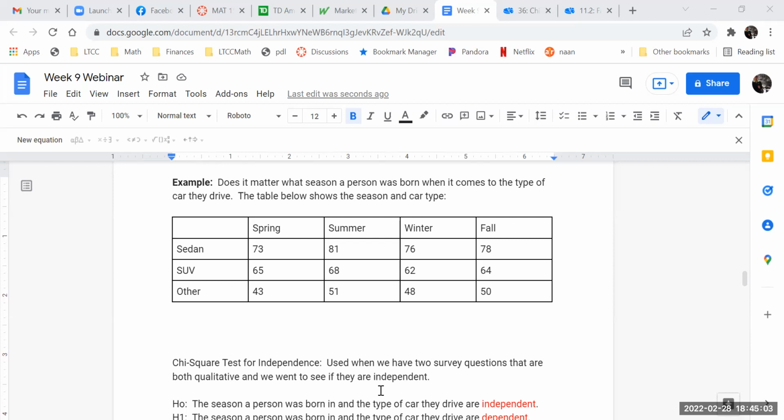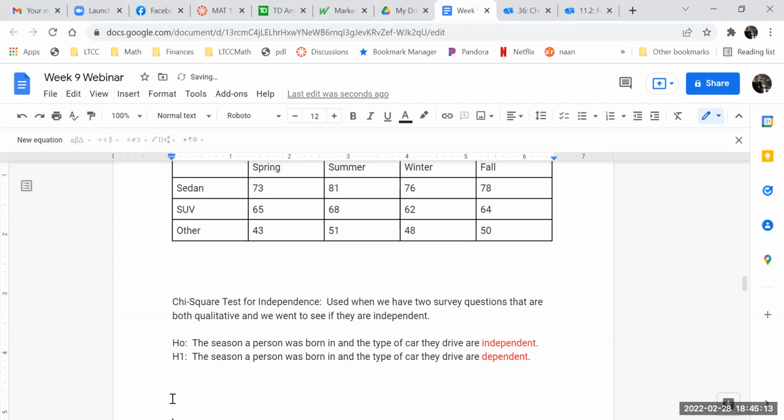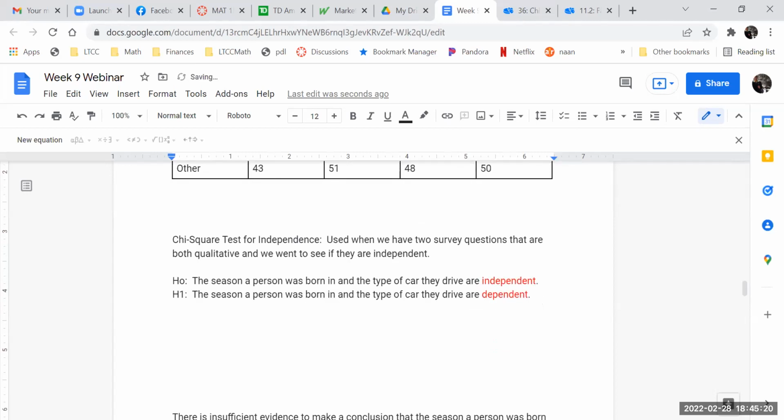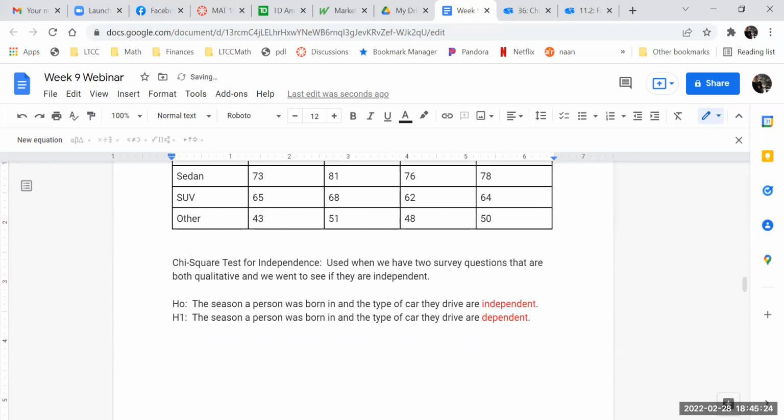All right, so that gives us an H0 and an H1. H0 is the season a person was born in and the type of car they drive are independent.